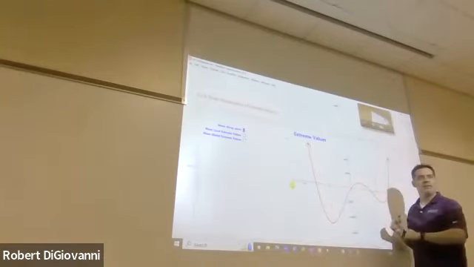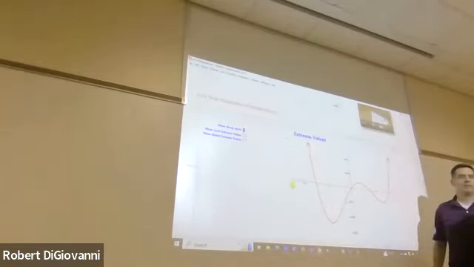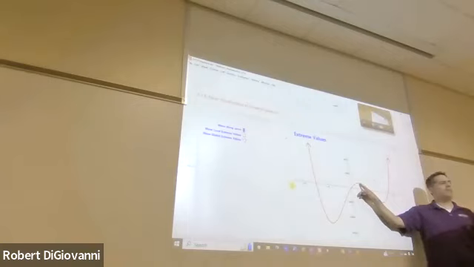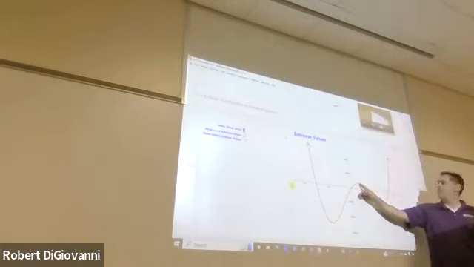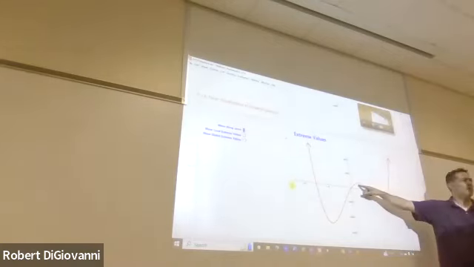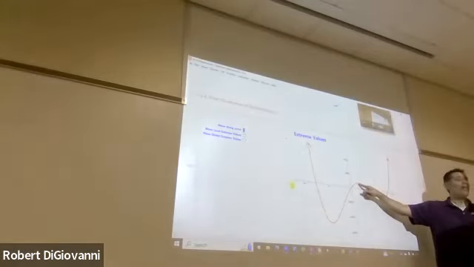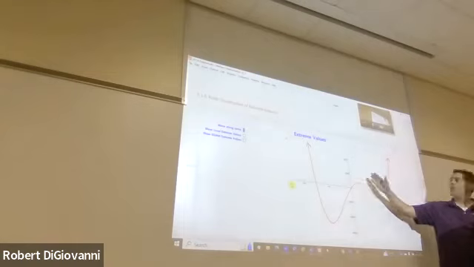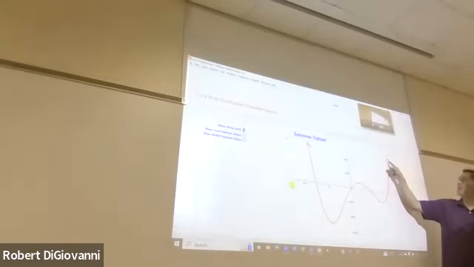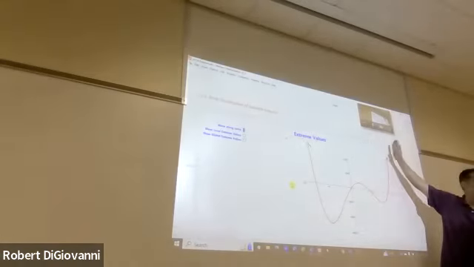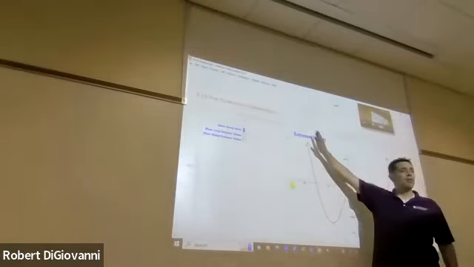Exactly. You can't say this is the absolute maximum because this point right here is higher than that point. To be the absolute max, you have to be the highest point on the entire graph. So there is no highest point because this arrow implies that that just keeps going up to infinity. It's the same with over here.